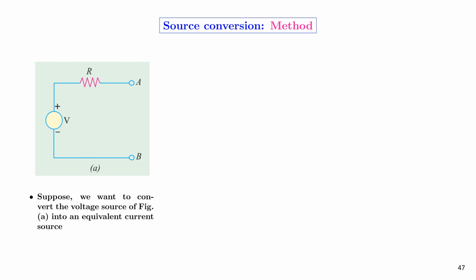Let us consider the case of a voltage source as shown in this figure, and we want to convert the voltage source into an equivalent current source.